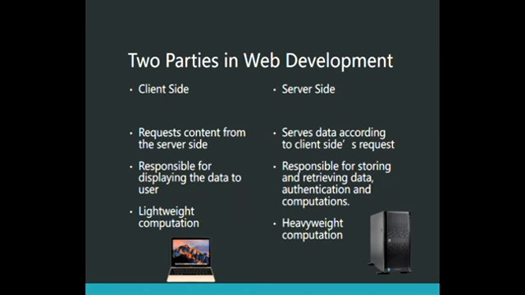And that's doable on the client side. On the server side, it serves data according to the client's request. It's responsible for retrieving data and storing data. It can also do authentication and computations. Usually the heavy-duty computations happen on the server because we don't want to slow down the users.